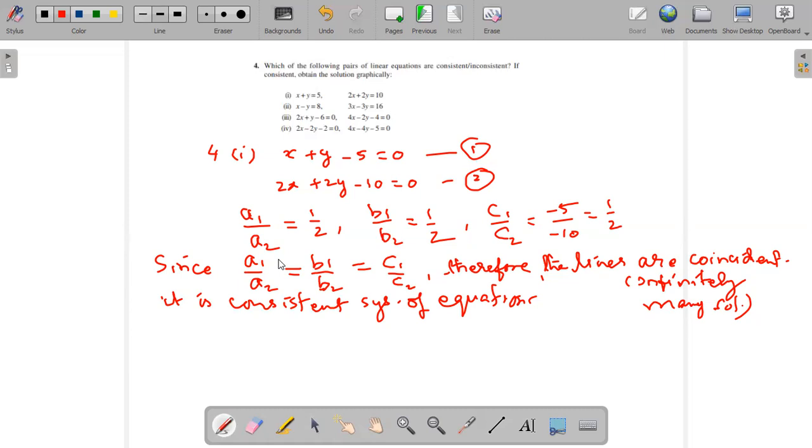So for coincident lines we will draw only one line. Even though it is consistent, we cannot obtain a solution for infinitely many solutions. Only for a unique solution we can obtain the solution. Okay, it will have infinitely many solutions. We can only write it as infinitely many solutions. That's all.